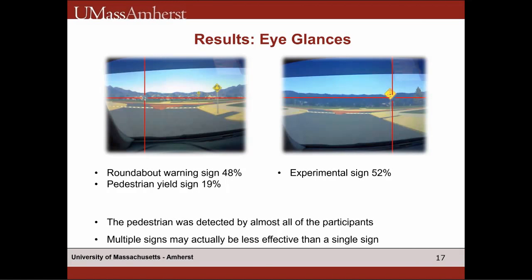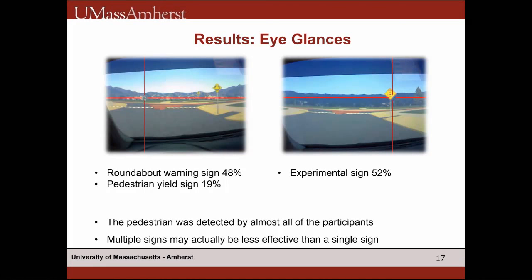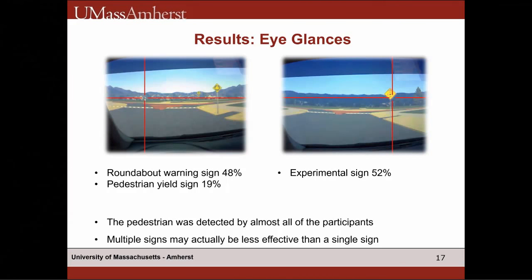And we provided more information because our new sign is talking about the presence of the pedestrian. That is exactly it: we are mentioning which crosswalk is the hazard. And so we improved their situational awareness, and we got good results.